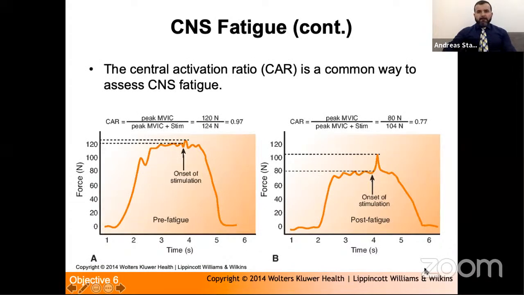And then we have bicep contraction, MVIC is maximal voluntary isometric contraction. So we have two cases. We have A and we have B. Case A, no fatigue. So we tell the person to do their MVIC, 120 newtons.